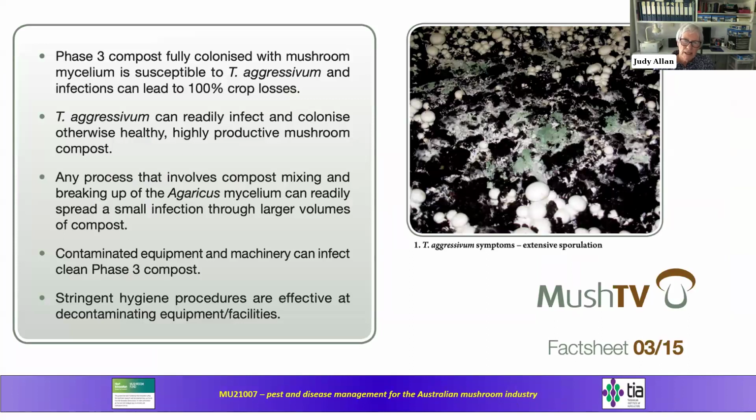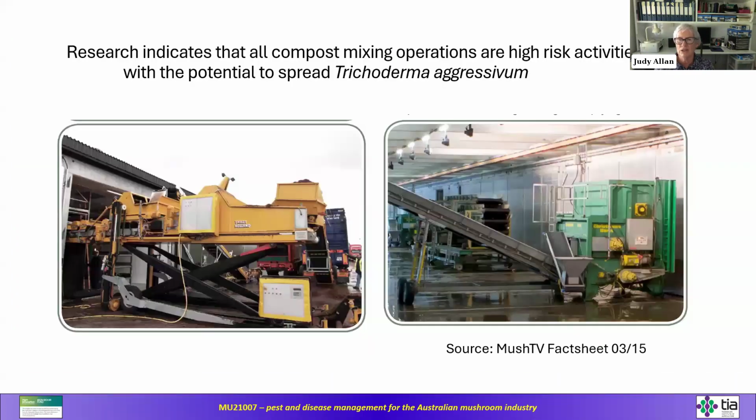So the next disease causes major farms to close. It can start off with a little bit and get spread. Farms in Europe have closed down from it. It's called the aggressivum. It's aggressive. Only a little bit of green mold will spread, and there's a range of different green molds, and the one that identifies this one is testing, but also all the crop loss that goes with it, because the slower, less aggressive ones often just grow in the beds on third flush.